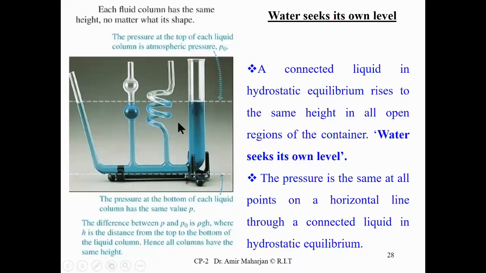That's the main science behind this. It's also called water seeks its own level. Because this is static, everything is in static equilibrium, there shouldn't be any pressure difference between any two points along this horizontal line. So that's the science behind that.